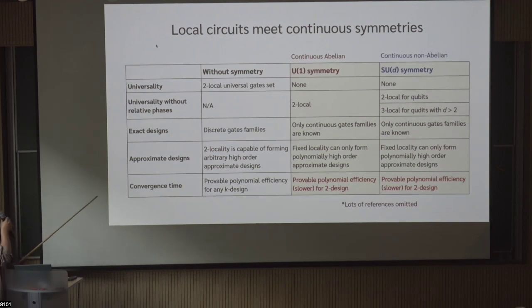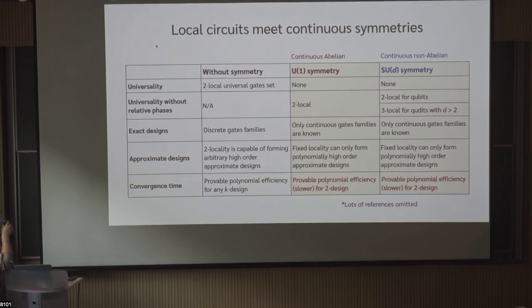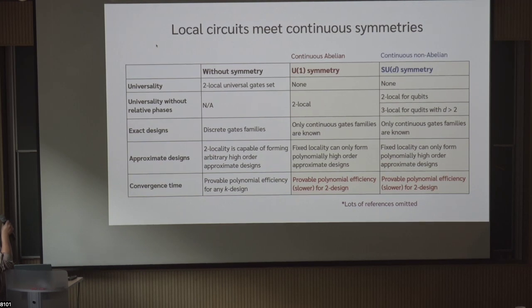So here I try to summarize the important properties of these scenarios in this table. First of all, we already know from simple Lie algebra counting arguments that under continuous symmetries, we cannot even have universality with local gates. Pretty much every item here is one or even more papers.